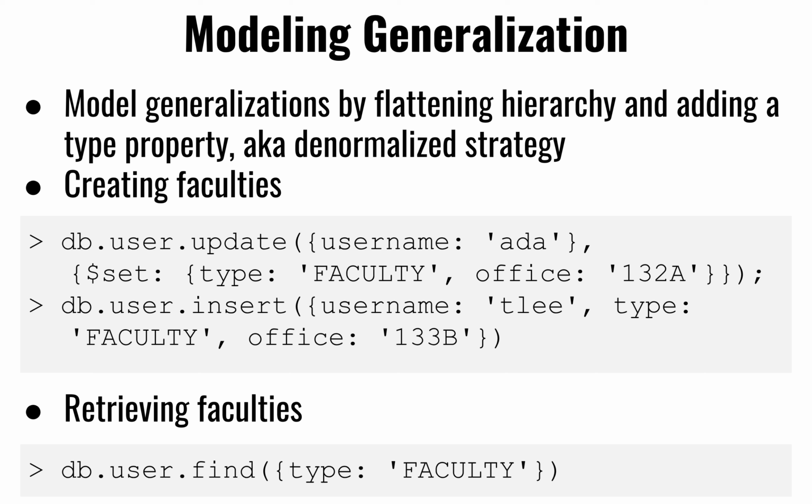So we have the same kinds of constraints and options when we are implementing something like this. We're going to be using a technique that some of you already used in the JPA assignment, where you were asked to do some generalization. We're going to be using the single document or the single table strategy, right?